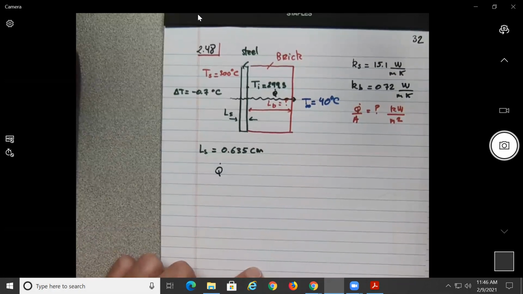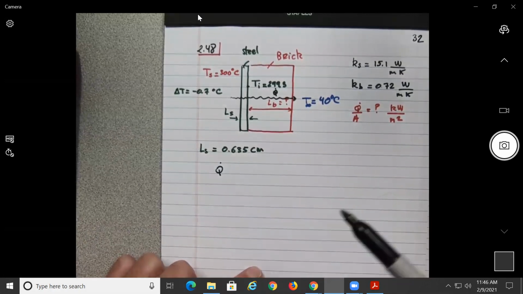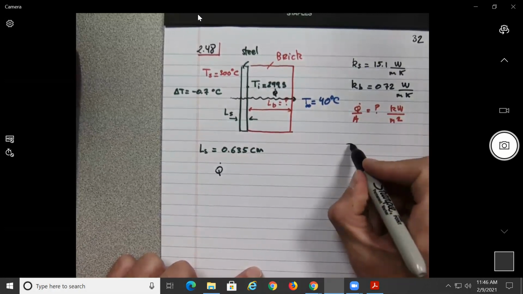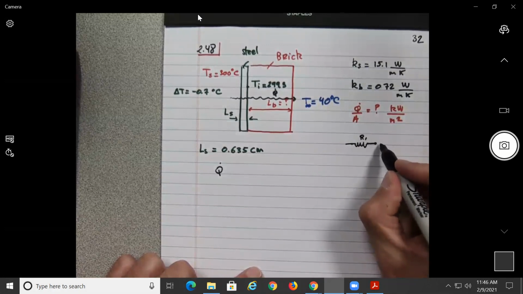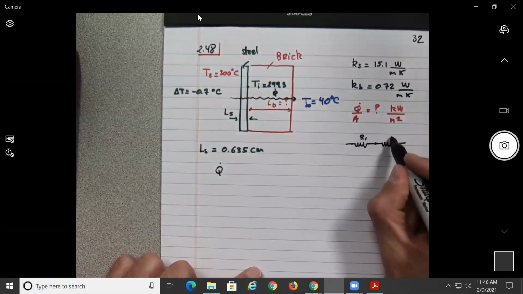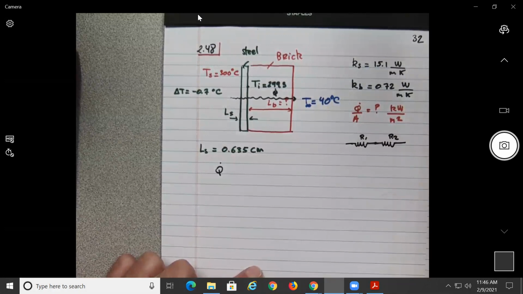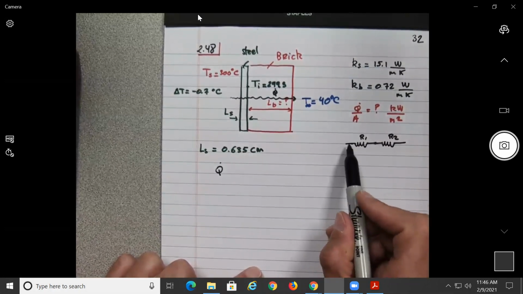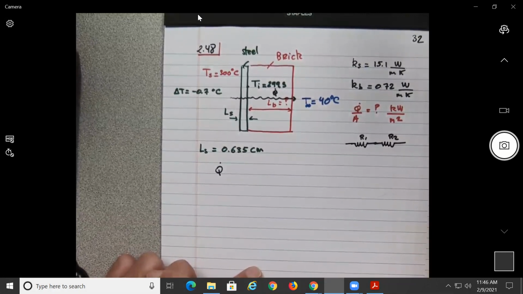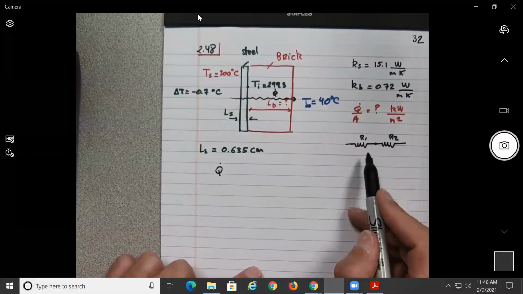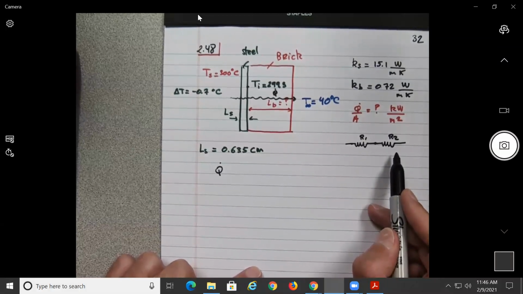This is like an electrical current. If you have a cable with one resistance and another resistance, what is the amount of amperes, or current, that goes between both resistances? Is it the current that goes through one plus the current that goes through two? No, it's the same one.